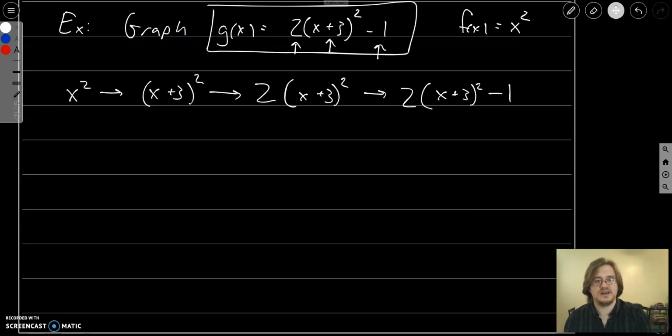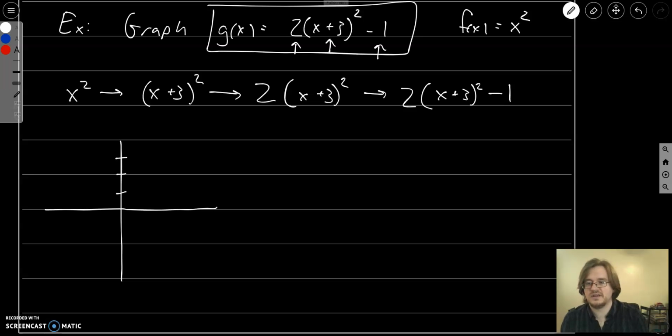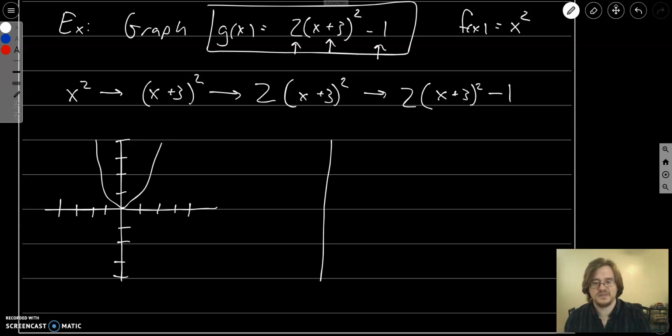So let's graph these. So if we start with our function, let's graph x squared first. X squared is a nice parabola. And it'll look something like this. Hopefully you can draw better than I can.